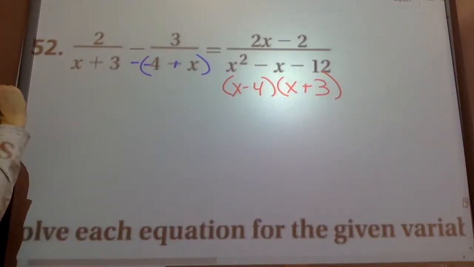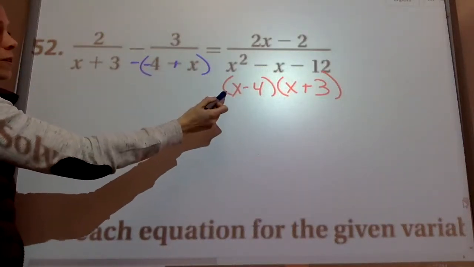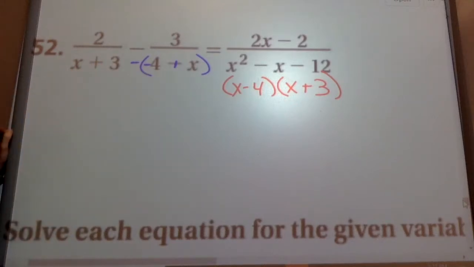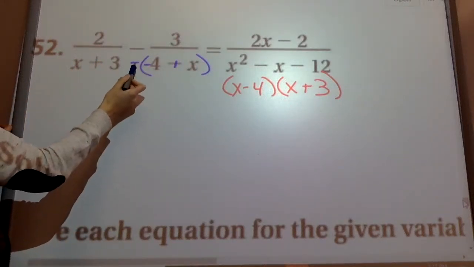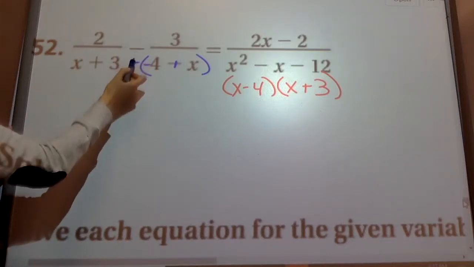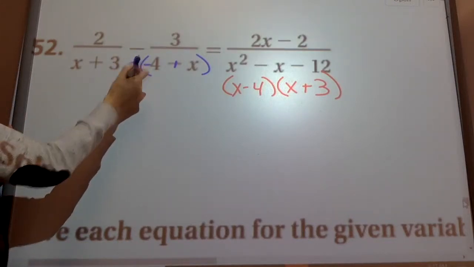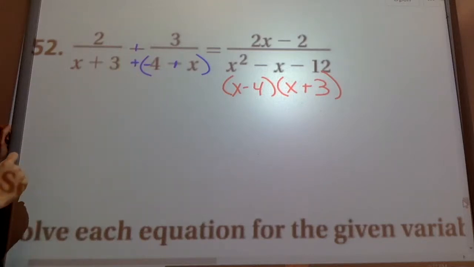So what I have on the bottom is x minus 4 and x plus 3. The other thing you need to do is see how this becomes a double negative? So this is actually going to be a plus. Two things happen there to make them the same. Then you're back to what's on the bottom, x minus 4, x plus 3.